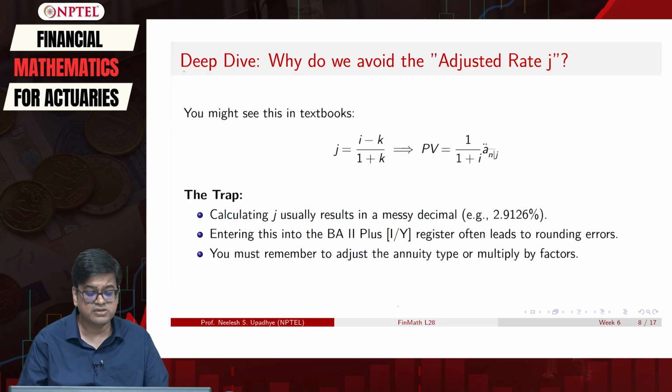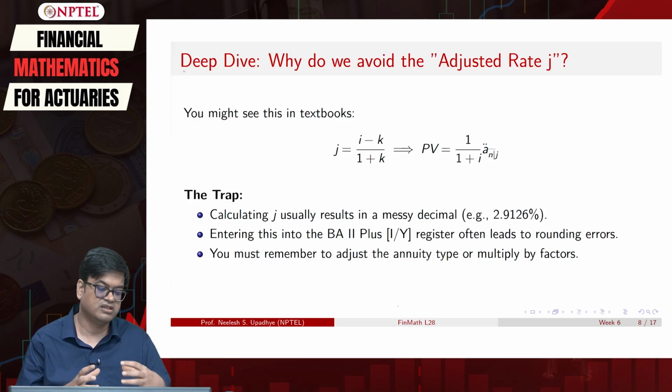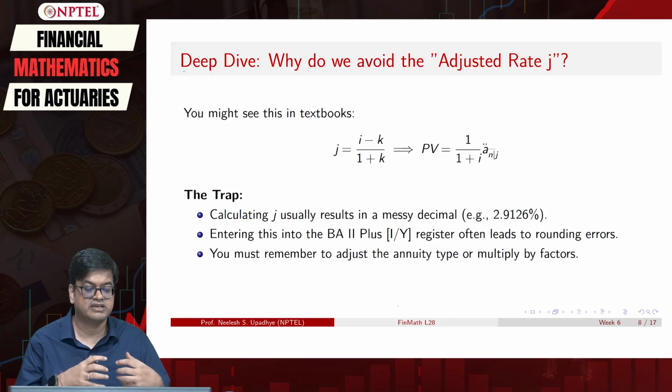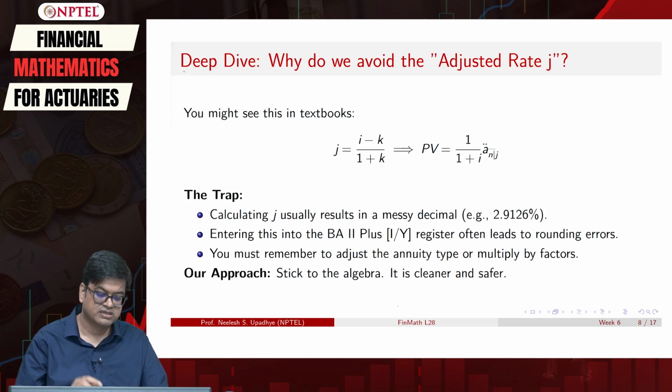Also you will have to remember that you have to adjust the annuity type to annuity due, right, and you have to multiply by certain factors. So all these things will lose your decimal accuracy while calculating. So what we suggest is we will stick with the algebra, do not rely on this j logic. Our algebra will be cleaner and safer, and we will make fewer errors in rounding off.